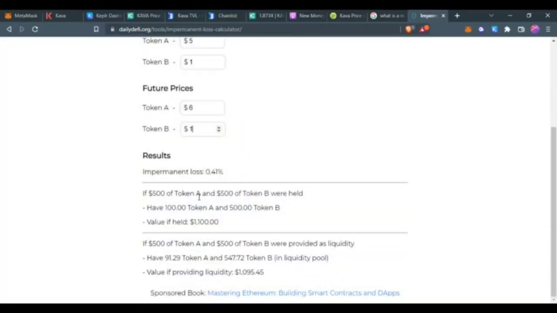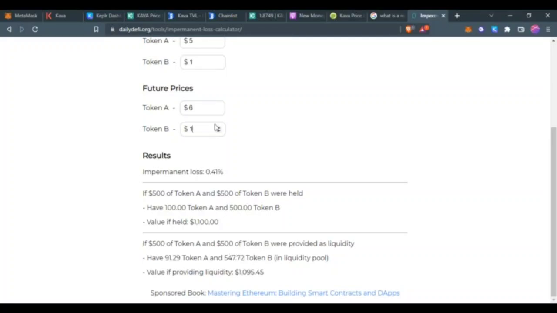So if $500 of token A and $500 of token B were held, having 100 token A and 500 token B, the value if held is $1,100. Value of providing liquidity: if $500 of token A and $500 of token B were provided as liquidity, having 91.29 token A and 547.